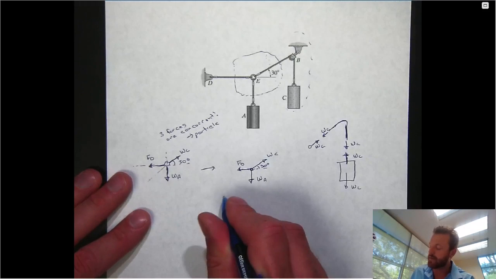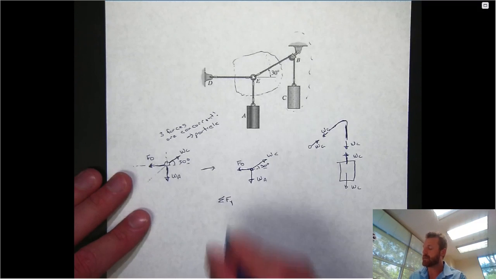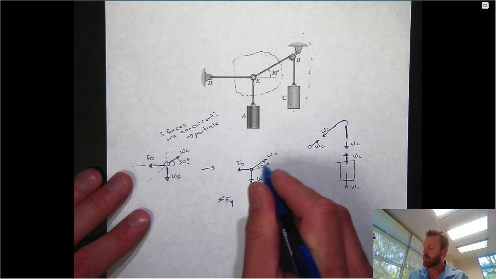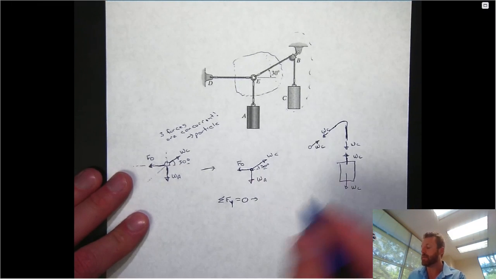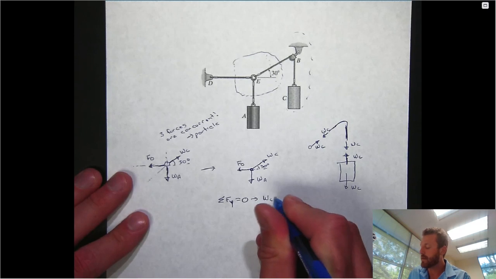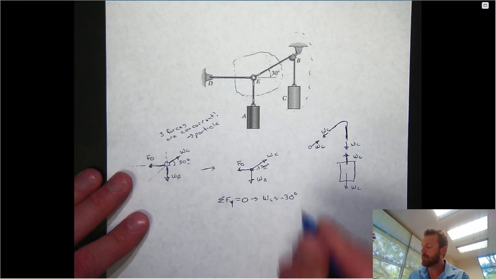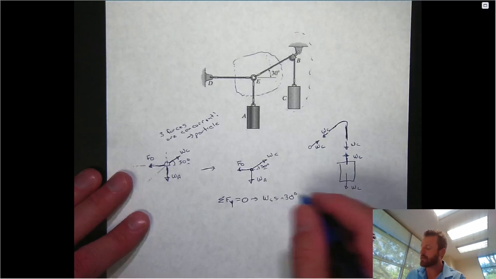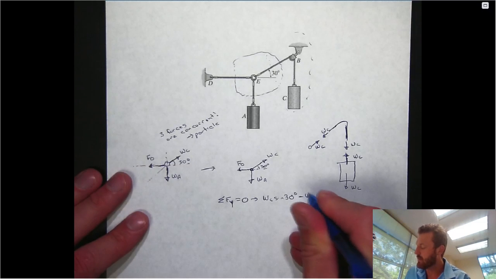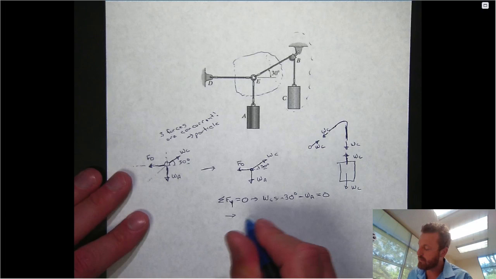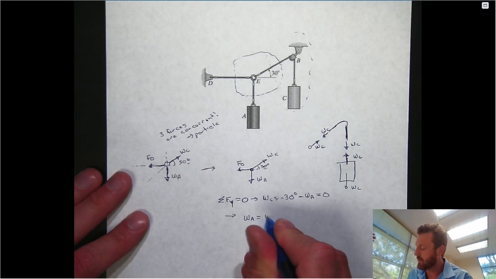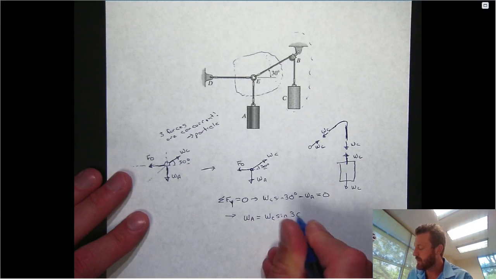If I decompose the sum of all forces in the Y direction, it would require me to decompose the force associated with WC. So that would be WC sine 30. That gives me the Y component pulling in the upward direction, minus WA has to equal 0 for this to be in equilibrium, which means that WA must equal WC sine 30.